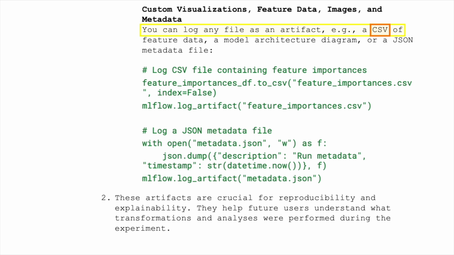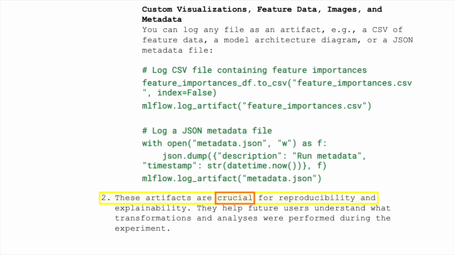For example, a CSV of feature data, a model architecture diagram, or a JSON metadata file. # Log CSV file containing feature importances: feature_importances_df.to_csv("feature_importances.csv", index=False), mlflow.log_artifact("feature_importances.csv"). # Log a JSON metadata file: with open("metadata.json", "w") as f: json.dump({"description": "run metadata", "timestamp": str(datetime.now())}, f), mlflow.log_artifact("metadata.json"). 2.